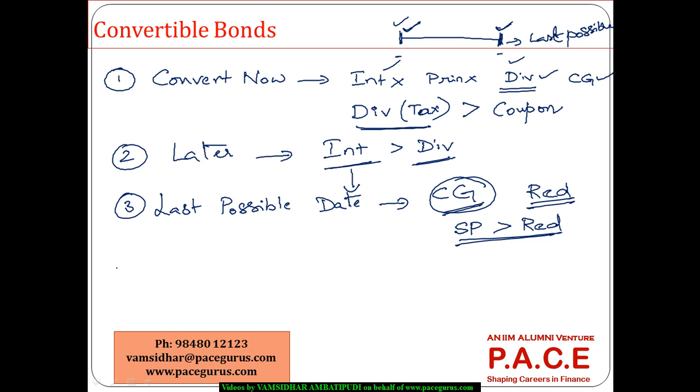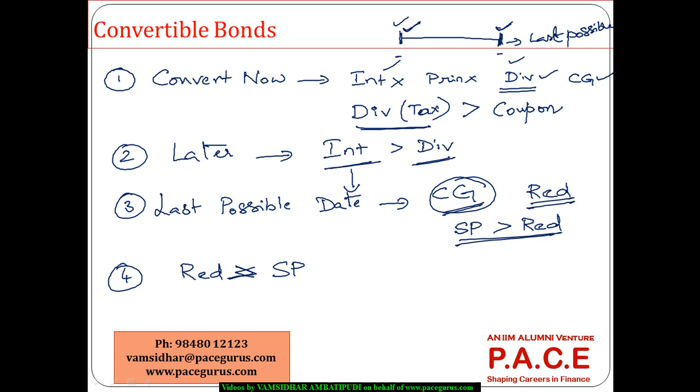But on the last date, if I'm seeing it the other way, on the last day, if I am seeing that the redemption price or the bond's maturity value is much higher compared to the share price, I don't even mind continuing it as a bond until the redemption date.